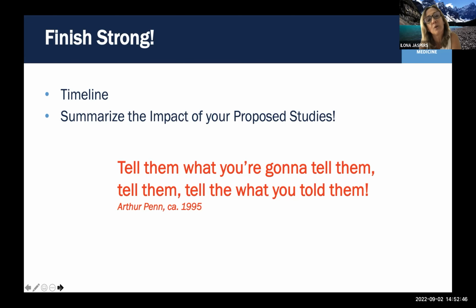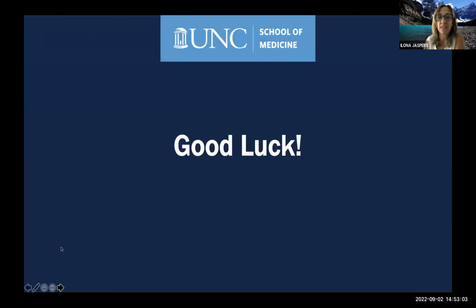And that's exactly what this last paragraph will do, is summarize it. It reminds the reviewer at the very end of your grant what it is that you just told them, why it is important, how you're going to be doing it, and how it will really change the field. So with that, I wish all of you good luck, and I'm happy to take any questions.